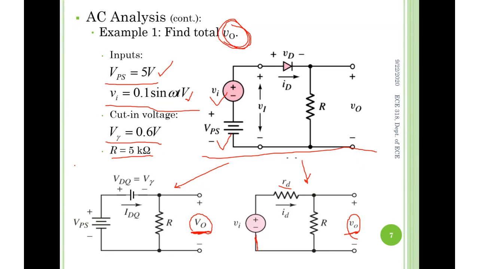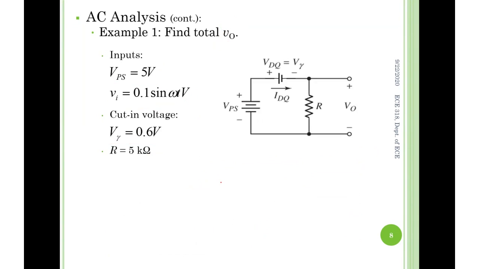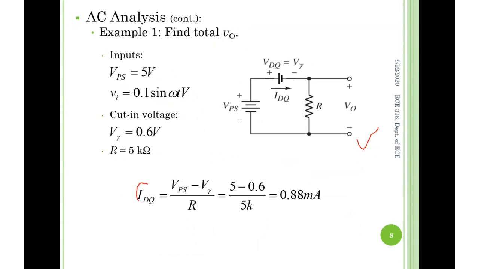Let's see the DC analysis first. The circuit up here is obviously the DC circuit. Remember, we have to find IDQ, right? It's required, it's a must, because without it we cannot conduct the AC analysis. Even though the problem is asking for V naught, we still need to find IDQ.